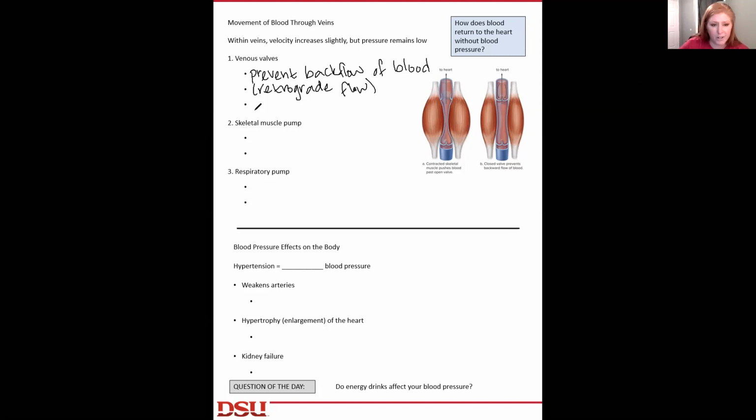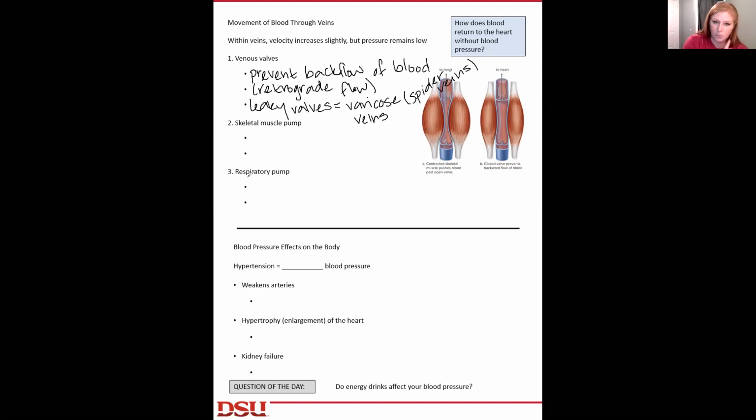Spider veins. Varicose veins. There you go.